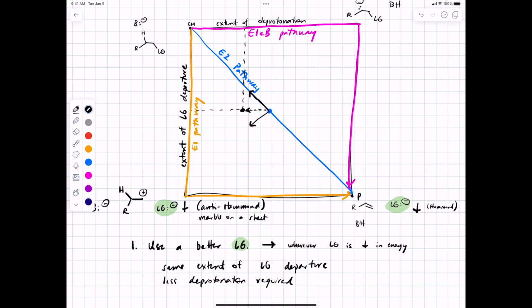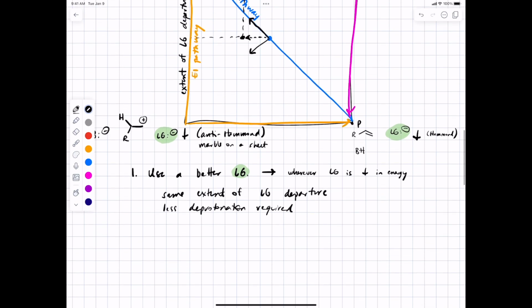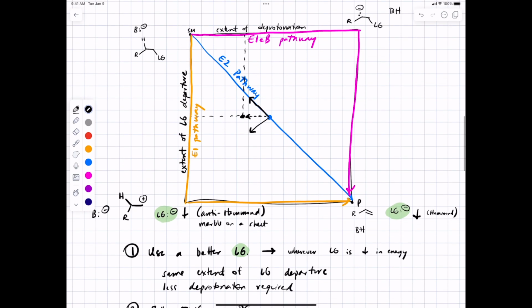Now we can do a similar analysis with a ton of other issues. For example, let's consider what if we use a better electron withdrawing group on the beta carbon. So in this case, let's replace all of the R's with EWG, electron withdrawing group.